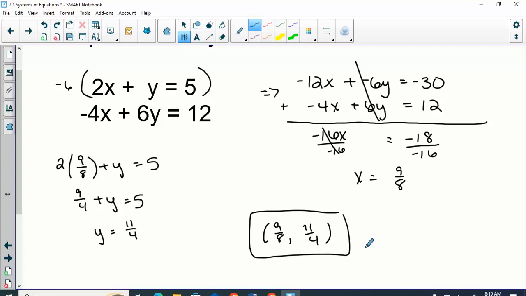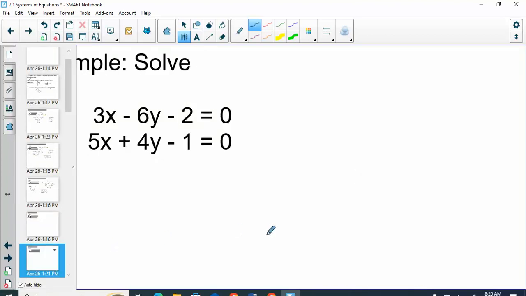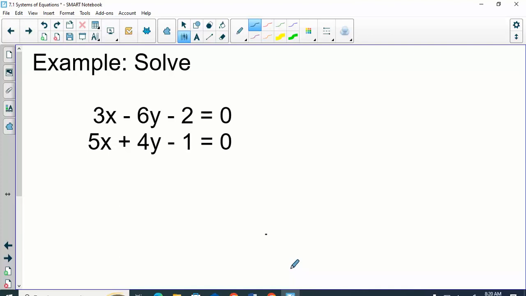Let's do, what if I gave you this one? Multiply by 2. Okay. I didn't say that you had to do substitution or elimination, so you could pick here.